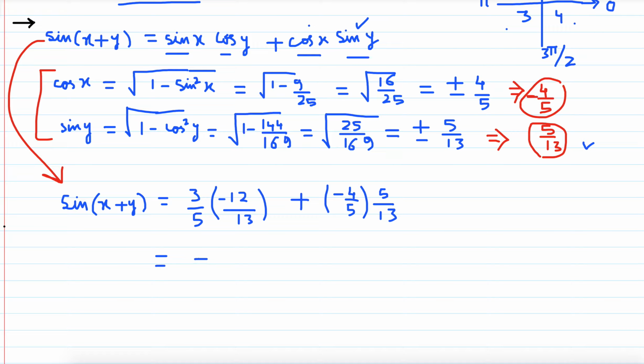So this is minus 36 divided by 65, and again this is minus 20 divided by 65.